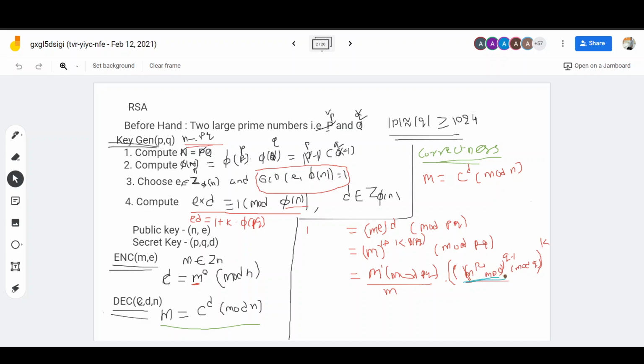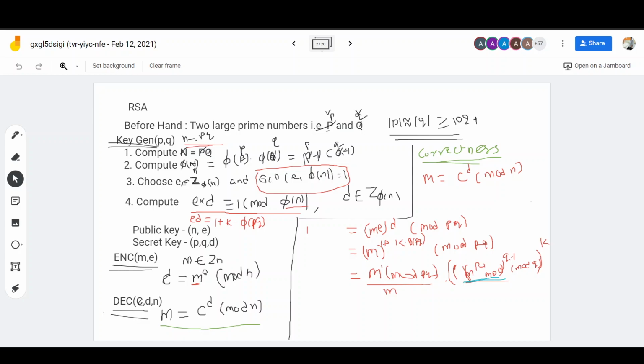Why is this equal to 1? We use Little Fermat's theorem. What does Little Fermat's theorem state? a to the power p minus 1 is equal to 1 of mod p only. The same here: m to the power p minus 1 of mod p is there, mod p is there.